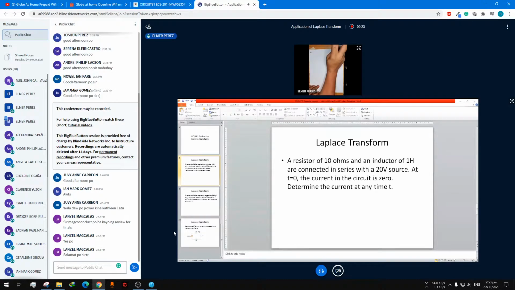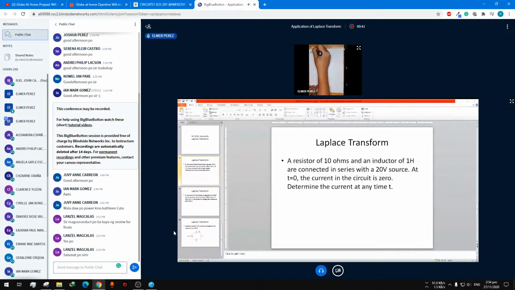A resistor of 10 ohms and an inductor of 1 Henry are connected in series with a 20-volt source. At t equal to 0, the current in the circuit is also 0. Determine the current at any time t.